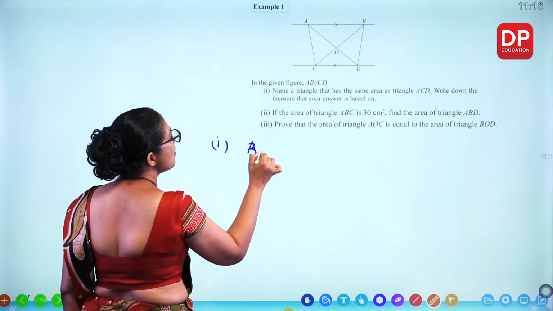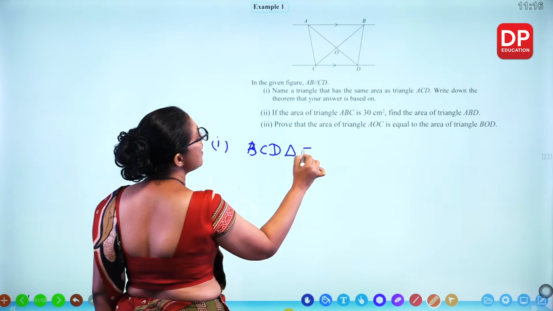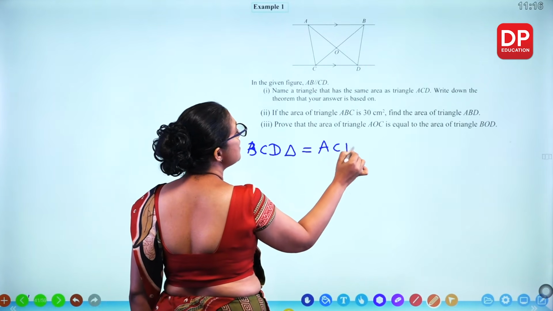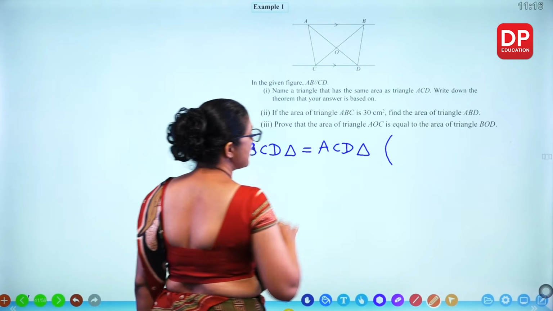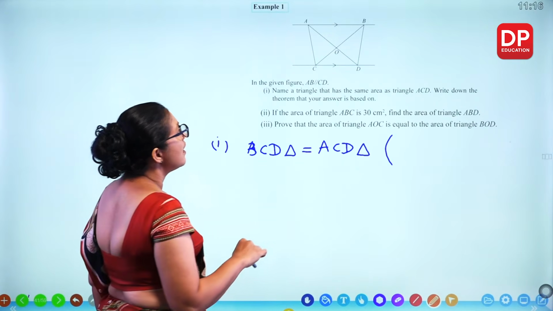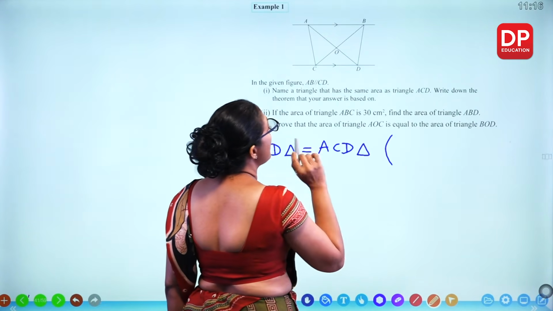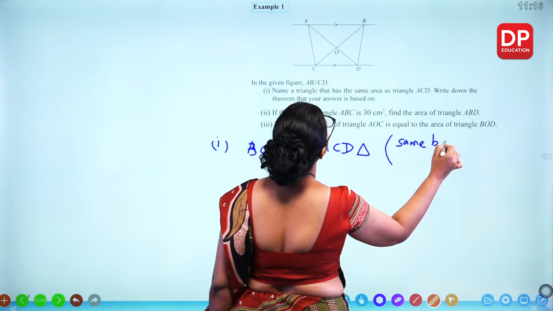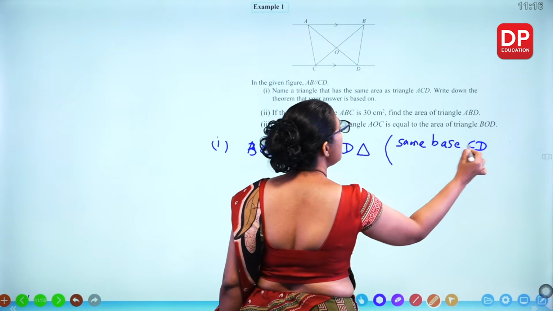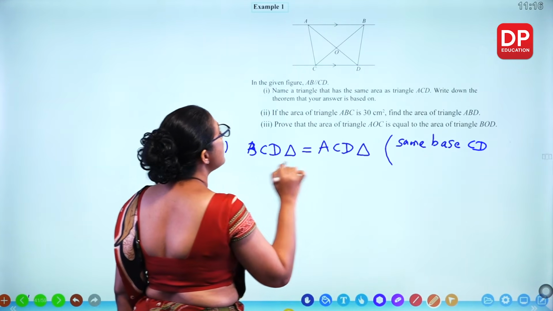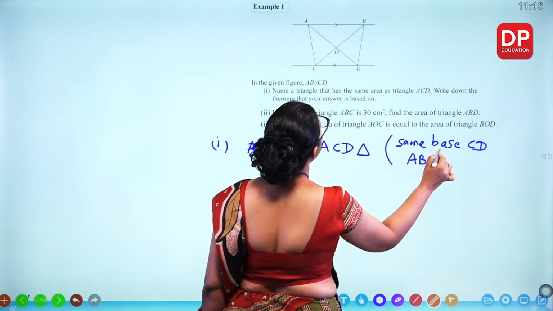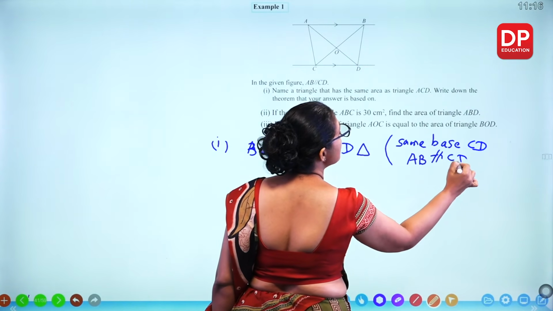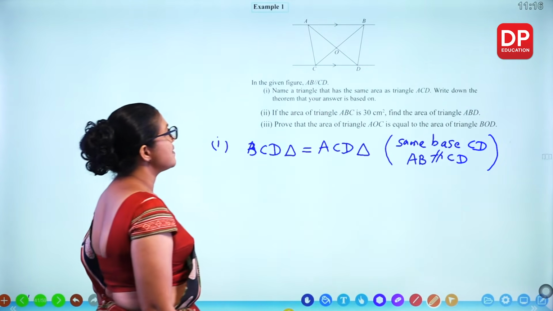BCD. So BCD triangle area is same as ACD triangle. What's the reason? Both triangles on same base CD and between two parallel lines AB and CD. That's the reason.